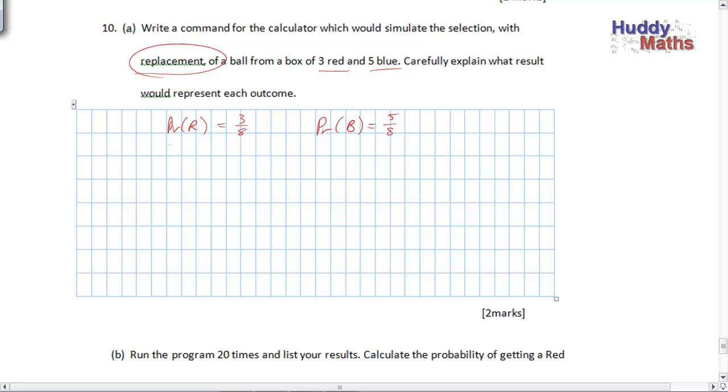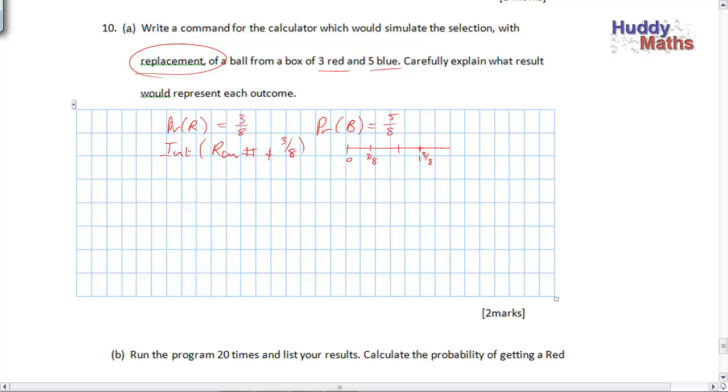Now, if we used int of random number plus 3/8, that will cause us to generate numbers as integers with different likelihoods. So let's look at it. Random number plus 3/8. There's 3/8, there's 1, and let's have 1 and 3/8.